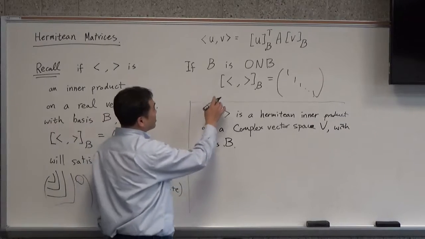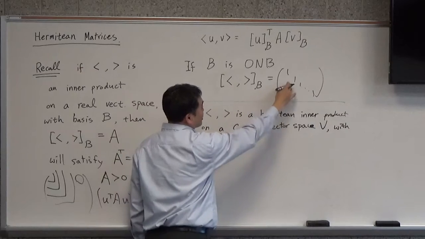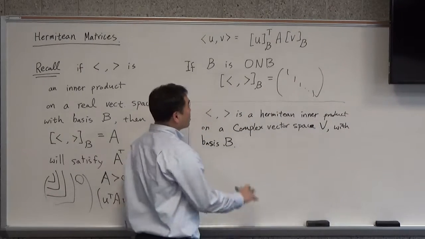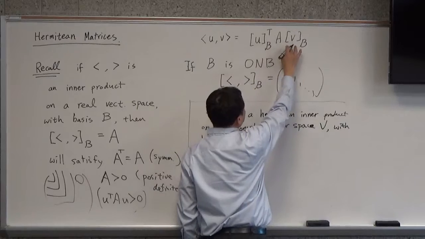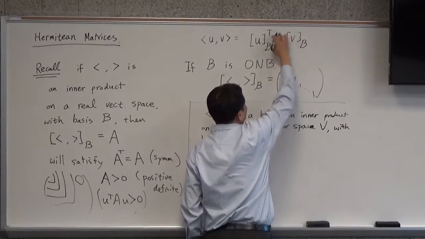Over here, if it's an orthonormal basis, this just becomes an identity matrix, right? So in that case, in this formula, the inner product doesn't require this A. This becomes identity.